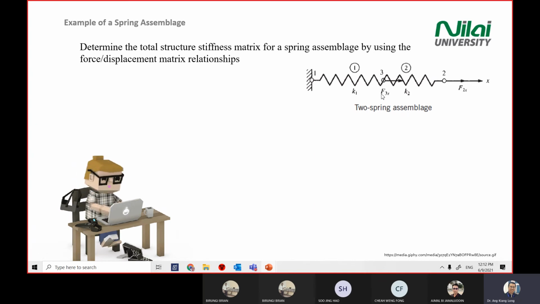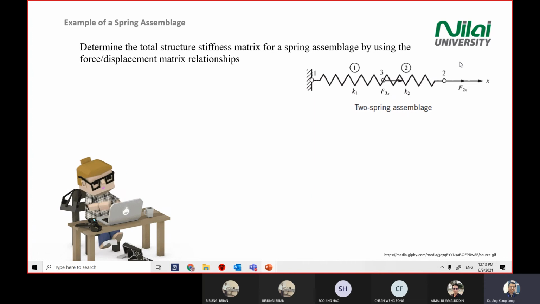As you can see here, you have 2 capital F's. One is at point number 3, so you write, or the question will give you, F3x, meaning external force at point number 3 in the X direction. And there's an external force at point number 2, denoted by F2x. So this scenario gives you a 2 spring assembly system.